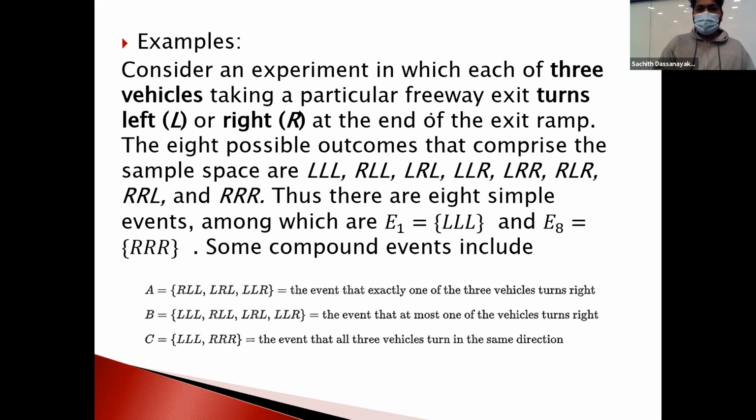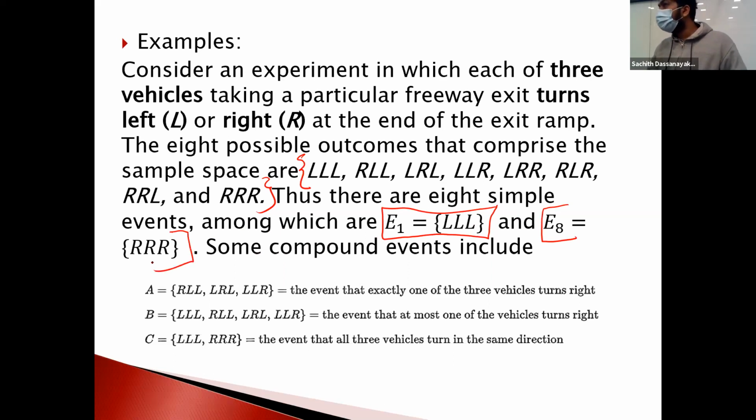In this example, they are talking about 3 vehicles at a freeway exit turning left or right. So these are all the possible outcomes, right? LLL, RRR, those are the outcomes. So this is an event, E1, where all 3 vehicles turn left, or E8, where all 3 vehicles turn right.